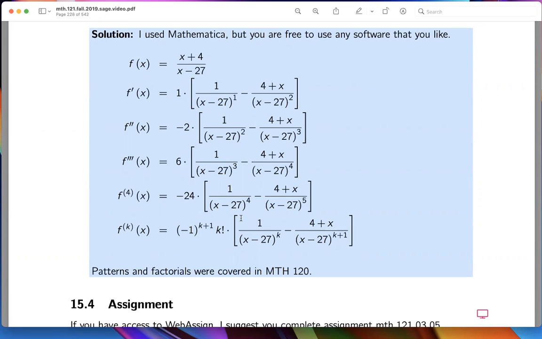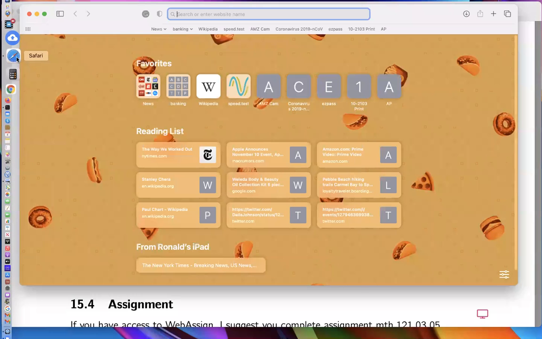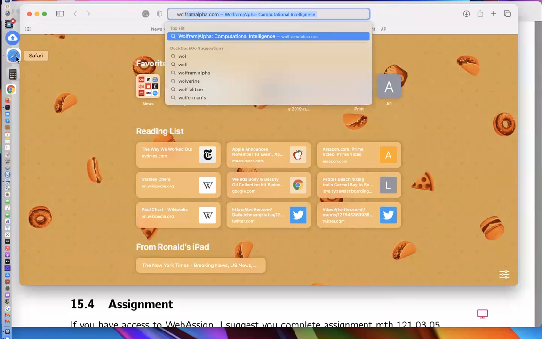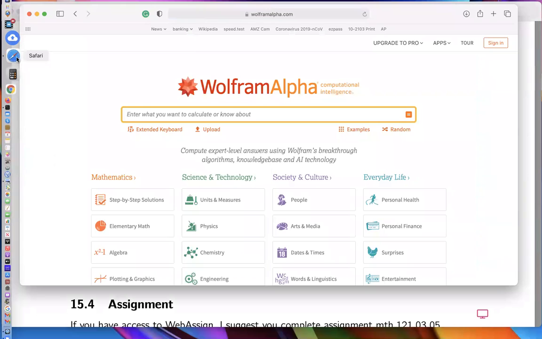I want to go to one other system now. I'm going to talk about Wolfram Alpha. I'm not saying this is going to work for you either. You don't know what works for you until you try things. So I'm going to go to Wolfram Alpha, wolframalpha.com.